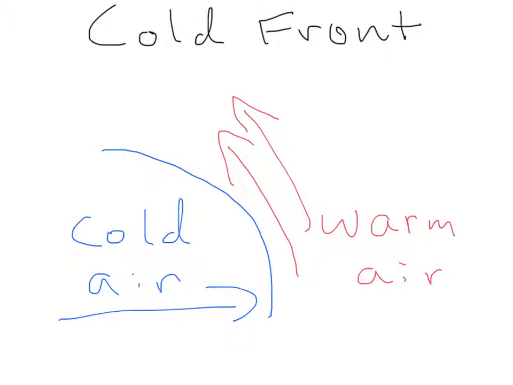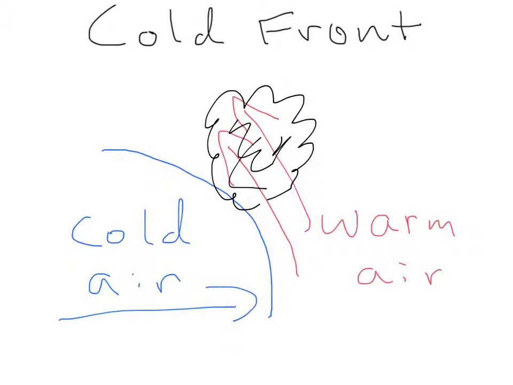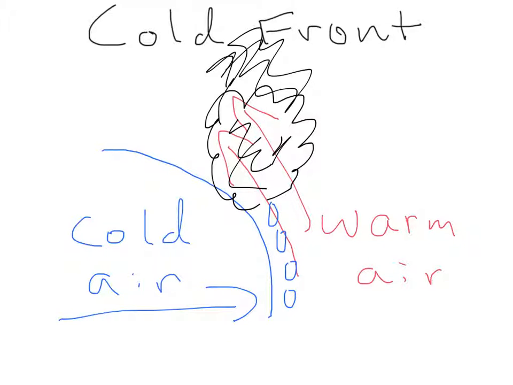Anytime you have uplifting warm air, if there's enough moisture in that air, you can get some cloud formation. And in cold fronts, these clouds can get quite tall and produce thunderstorms and rain and various types of stormy weather along a cold front.